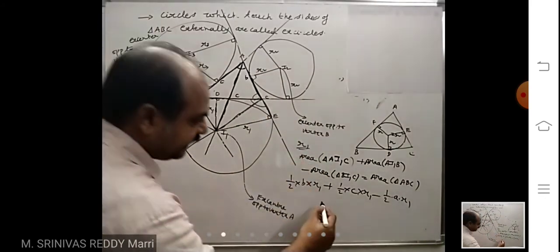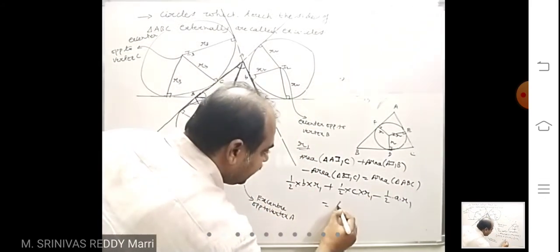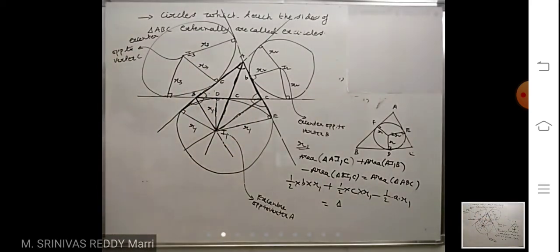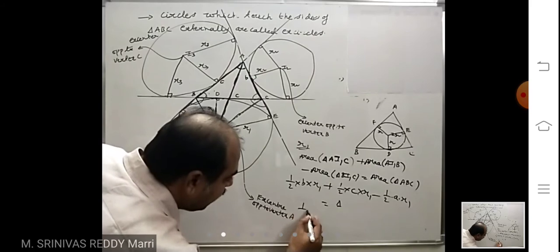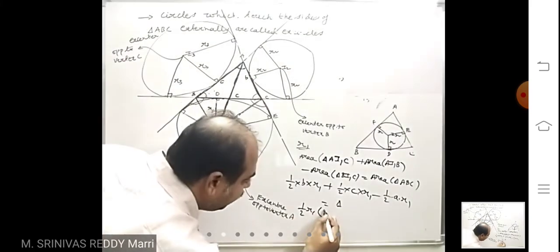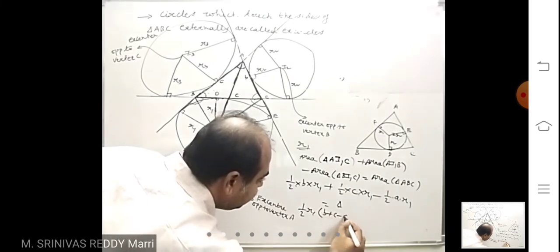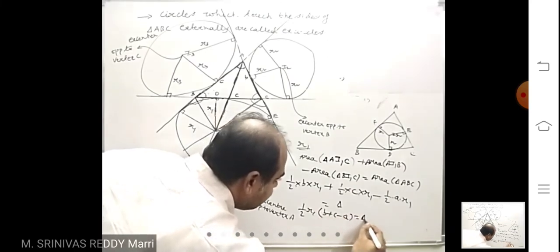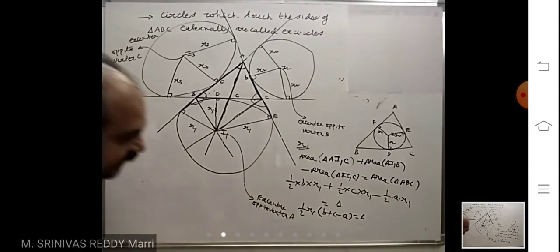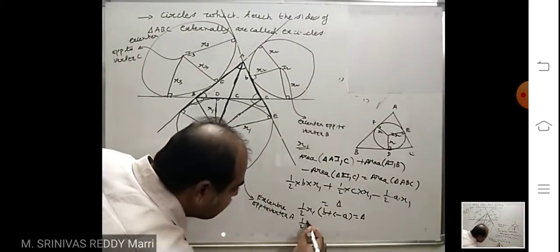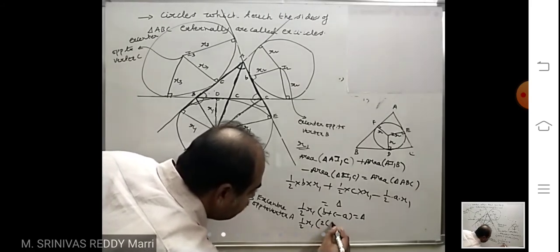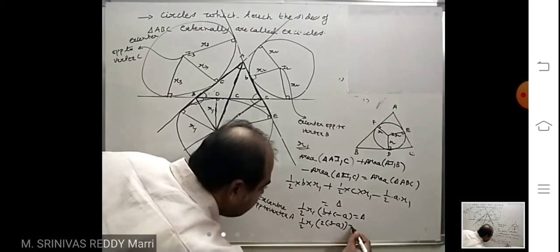So this is the left hand side one, which is delta. Area of a triangle is always denoted by delta. Now I am taking half R1 common: half R1 into (b plus c minus a) equals delta. Yesterday I told you this can be written as 2 into (s minus a).